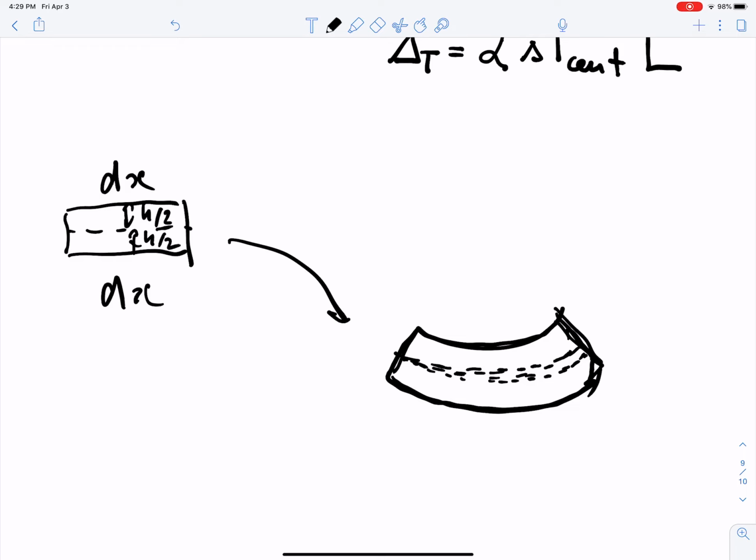If the bar develops local curvature like this, I can find where these lines intersect, and this becomes rho, the radius of curvature.